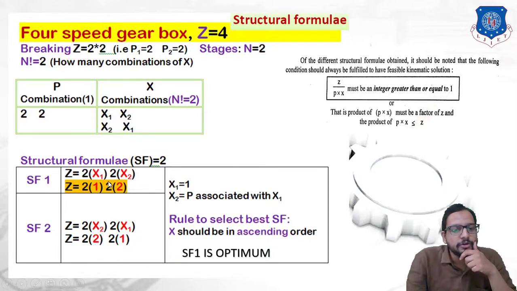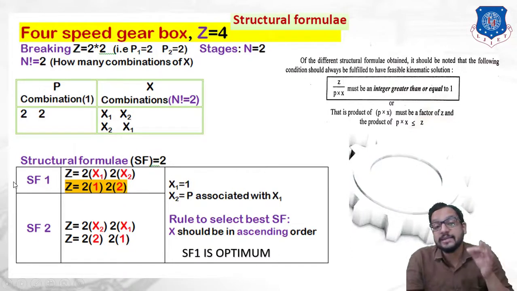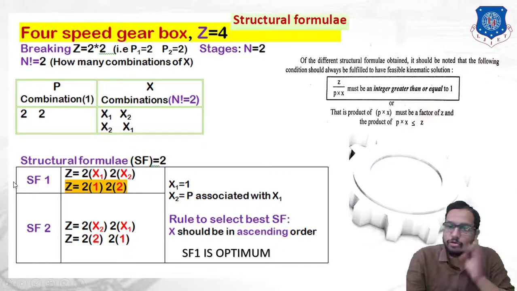Similarly 2 into x2, which is 2 into 2, is 4, and 4 upon 4 is 1. So it is equal to 1, which means this structural formula is feasible. Similarly the second structural formula also satisfies this, with the value greater than or equal to 1. But the rule is that x should be in ascending order, so we have selected SF1 as the optimum solution.